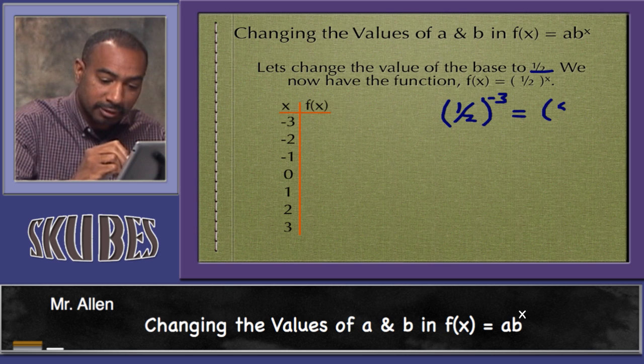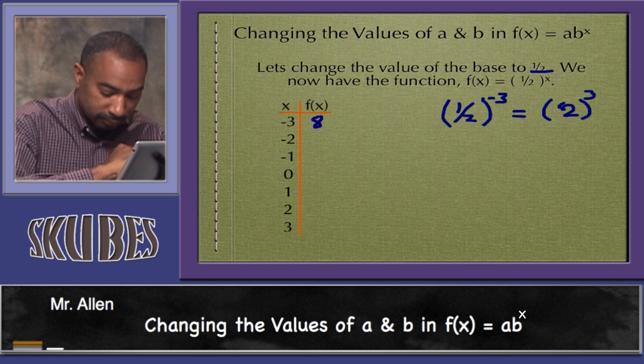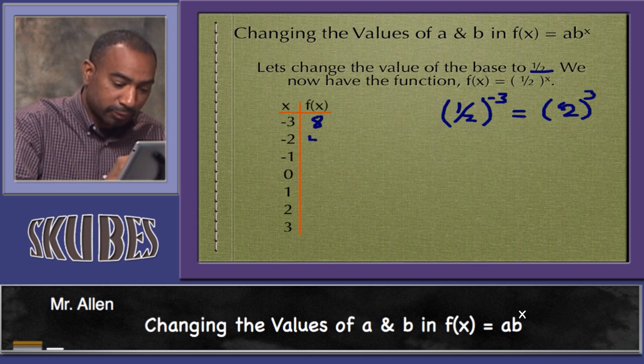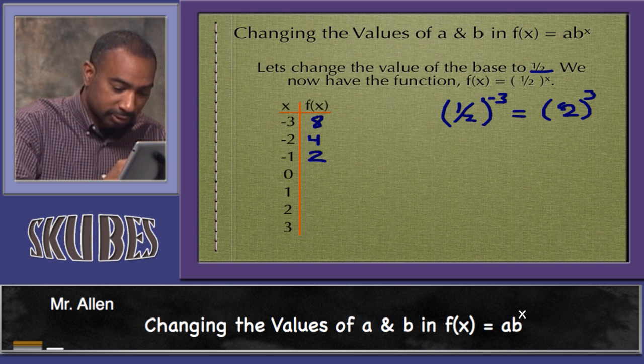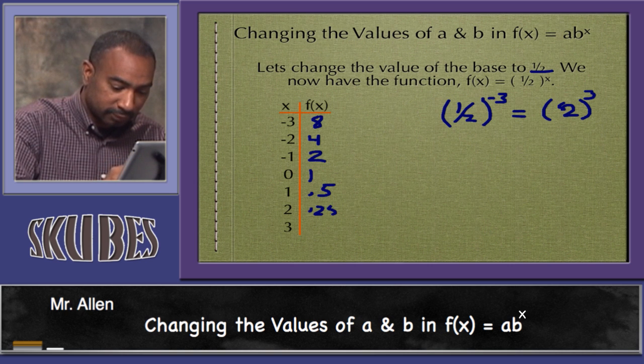That's the same thing as saying 2 to the third power. We know that's going to be 8. So this is going to be 4. 2. This is still 1. 0.5. 0.25.